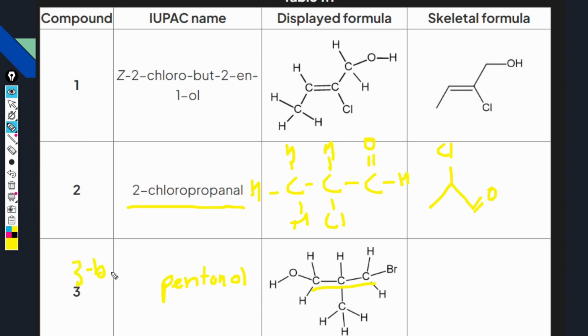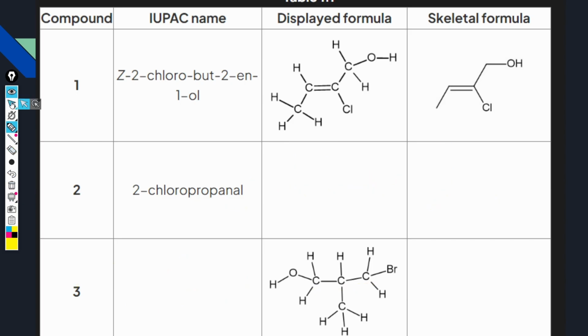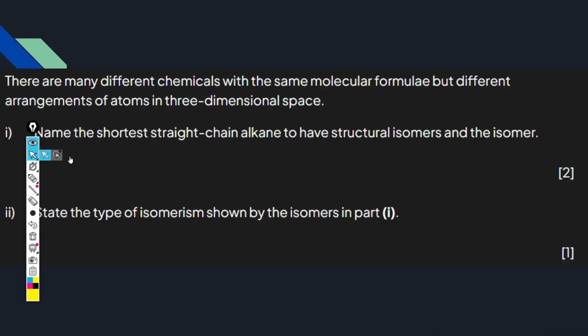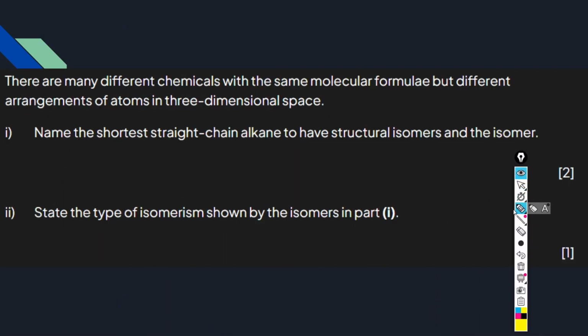So we'll have 3 bromo, and then 2 methyl. Sorry for the writing. Pentanol. I'll put it up on the screen over here. It's 3 bromo, 2 methyl, 3 pentanol, and likewise you can draw the skeletal formula, which you don't have to worry about. Now, let us do a structured question.